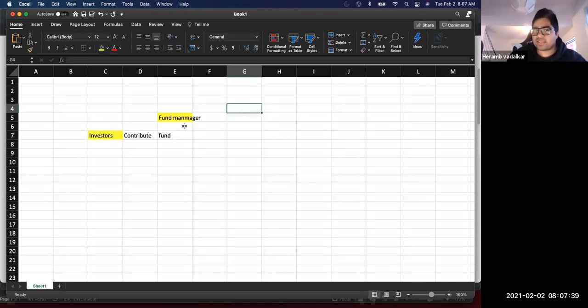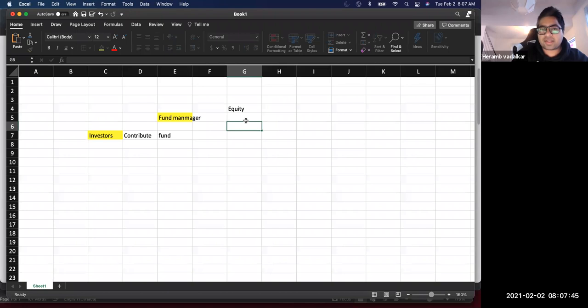And where does he or she invest? The fund manager generally invests in equity, that is the stock market, then debt, that is the bond market, then keeps something in cash, and maybe goes for alternative assets.